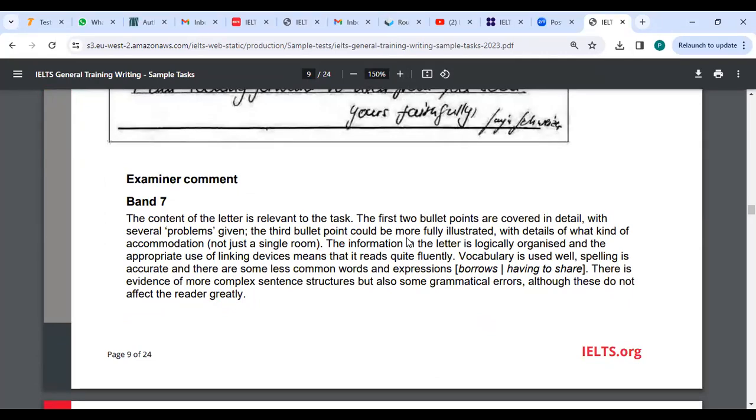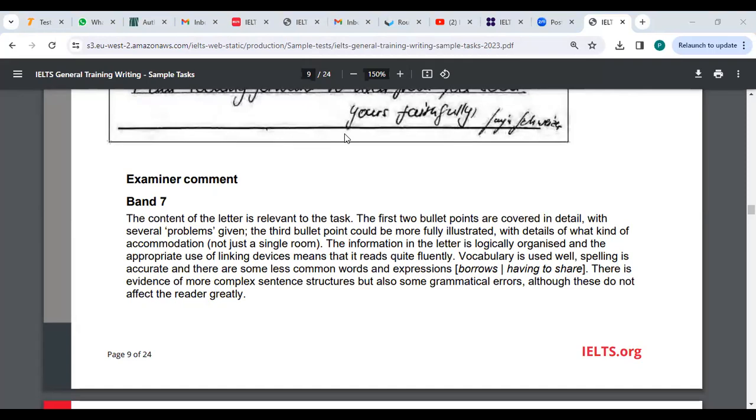The following is the examiner's comment. Ibrahim, please read the examiner's comment for us. Examiner's comment, and the band is band 7. The content of the letter is relevant to the task.